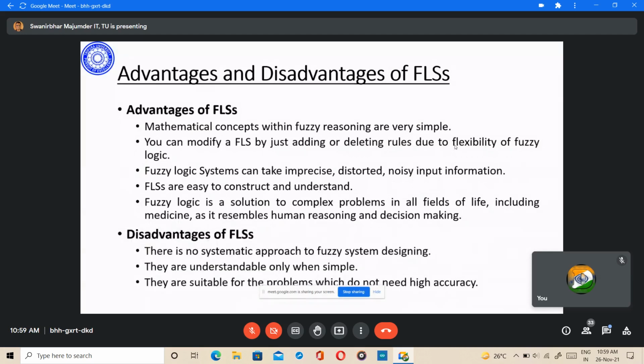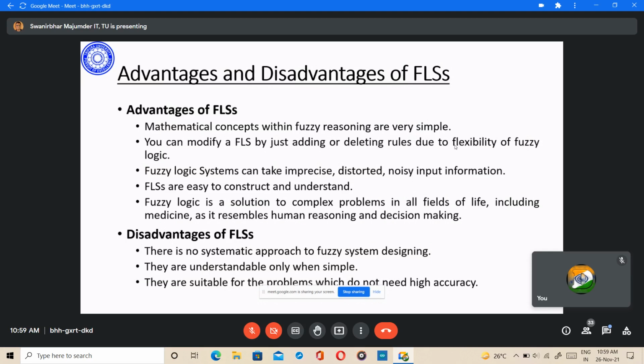And the disadvantage is that there is no systematic approach. That's why I'm saying, if it were a systematic approach, then for me it would be good, for you it would be bad. But if it is not a systematic approach, for both of us it will be considerate. Understandable, because when it is very simple, then it is simple.